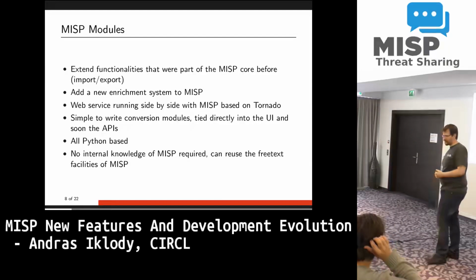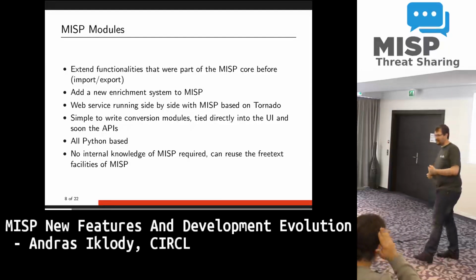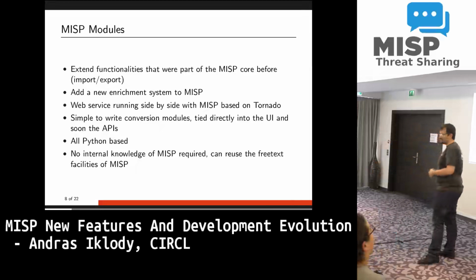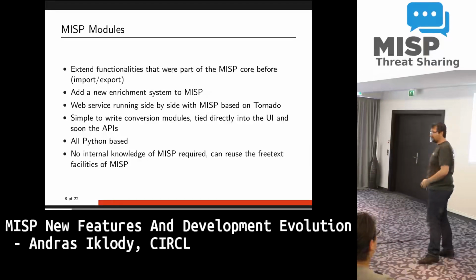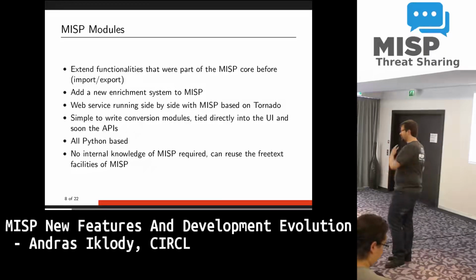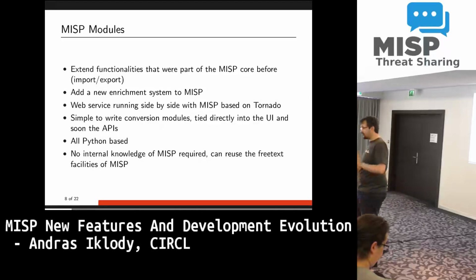Some of our modules are something like 30 lines of Python code, not even more. Probably less, yeah. So it's really easy to write them. If you have any ideas and you want to connect MISP to some tools, feel free to open a pull request with it. That was the whole idea behind it, to make this as simple as possible for you guys. So just let us know if you have any ideas for that.